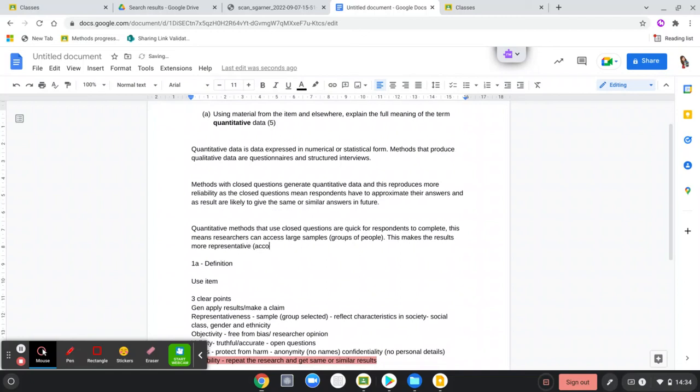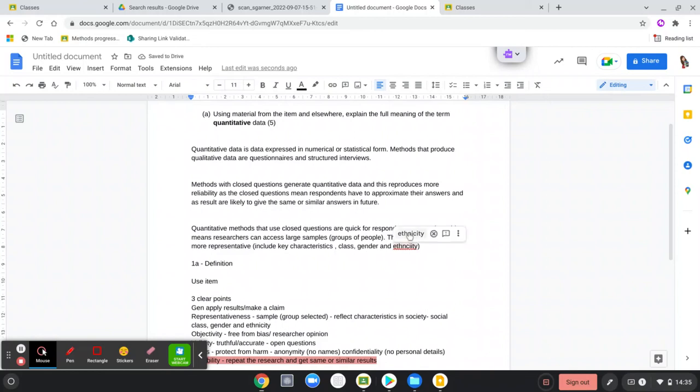They include key characteristics based on class, gender, and ethnicity. It means the samples are more representative.